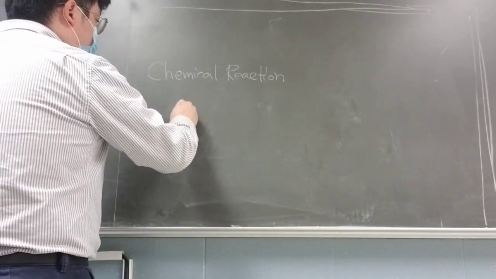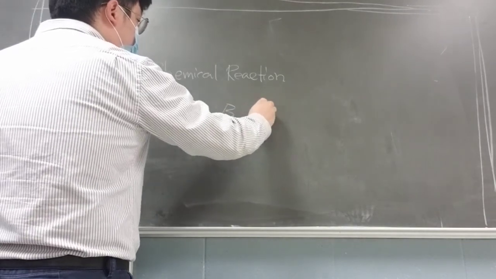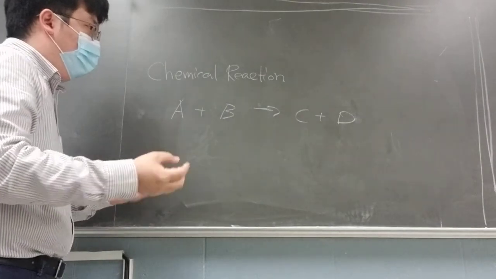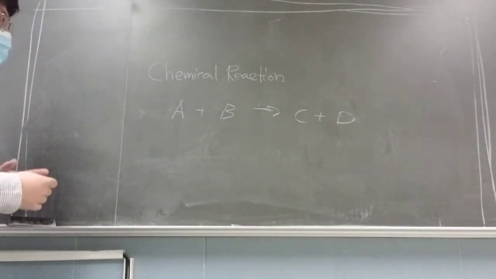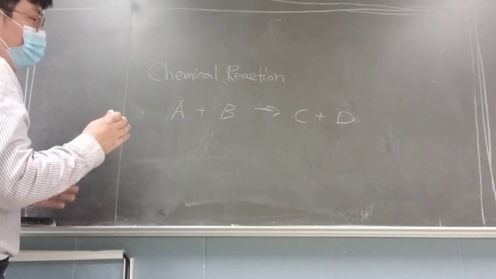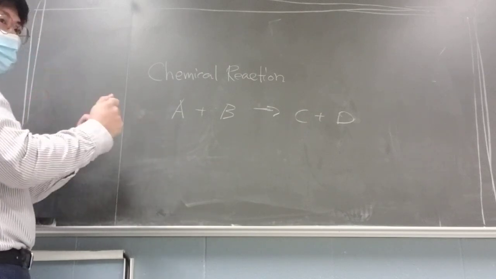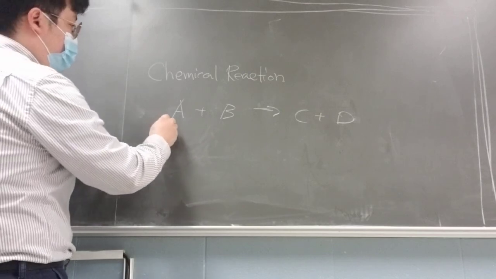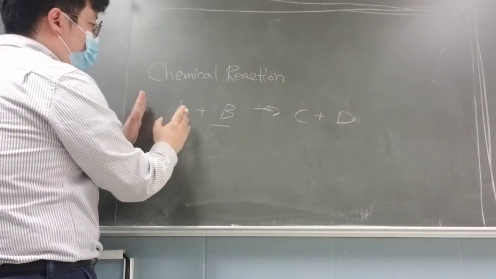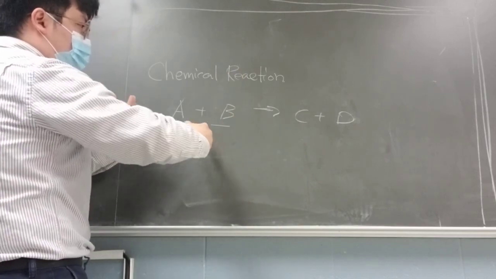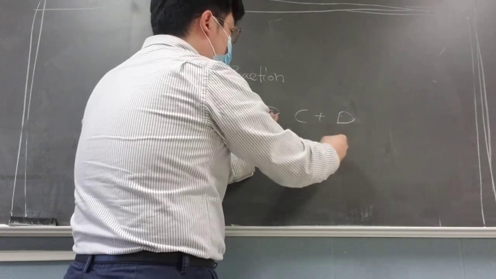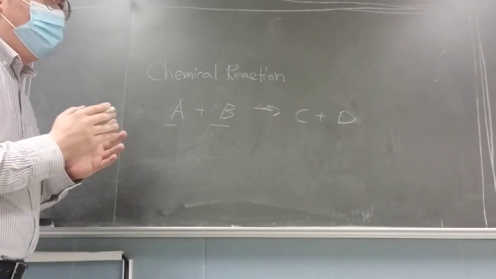Meaning if you go from A plus B, you probably have some other components, one product or two or three, you name it, but it has to be different from the initial one. We normally put the one that we start with in the chemical reaction on the left side of the equation. The one on the left is the starting material, and the one on the right is the product.